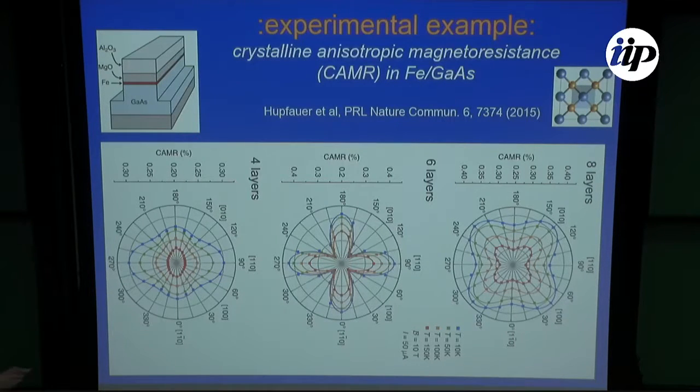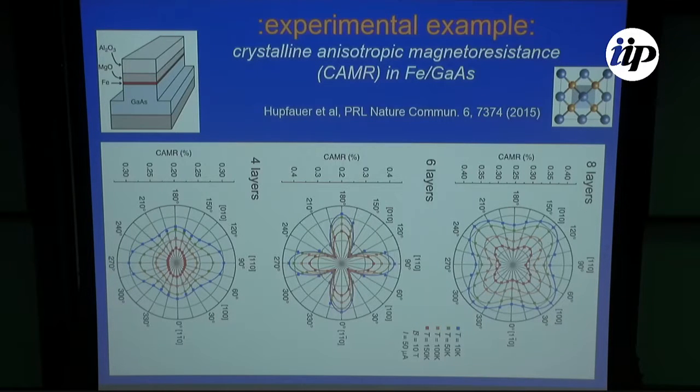Now, this was with 4 layers of iron, really just 4 layers. Yes, you had a question? Okay, current flows through iron laterally, and iron sits on gallium arsenide.